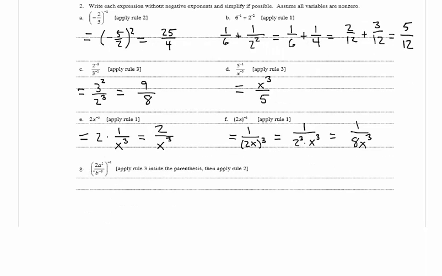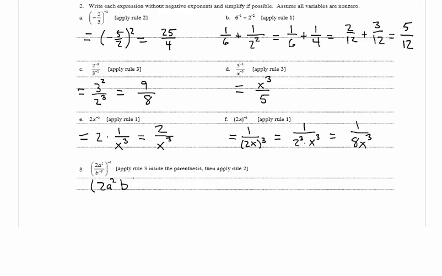In G, we have 2a squared divided by b to the negative 6, all raised to the negative first power. So the first thing I'm going to do is take care of my negative exponents inside my parentheses. So I can write this as 2a squared, and our variable b has a negative exponent in the denominator, so it becomes positive in the numerator.